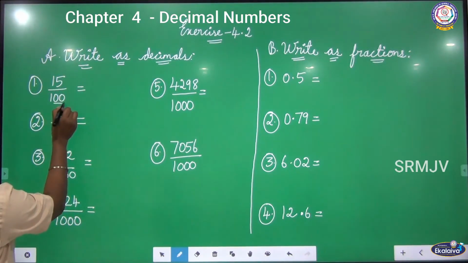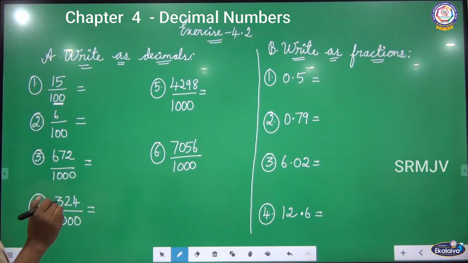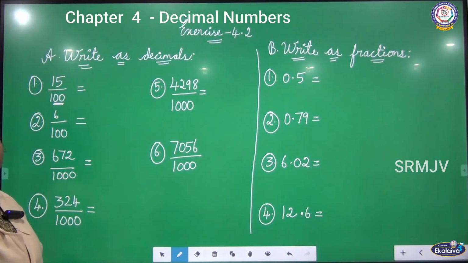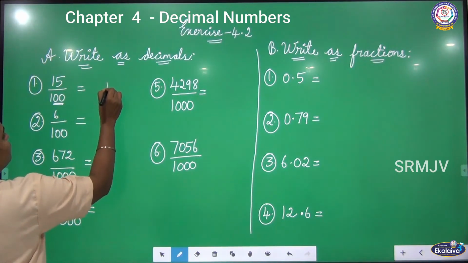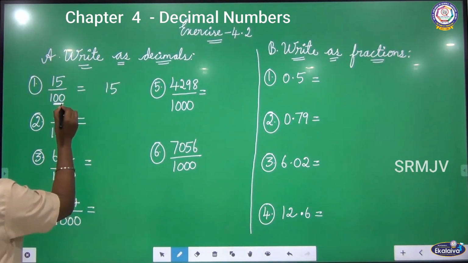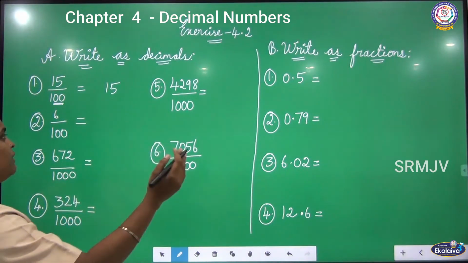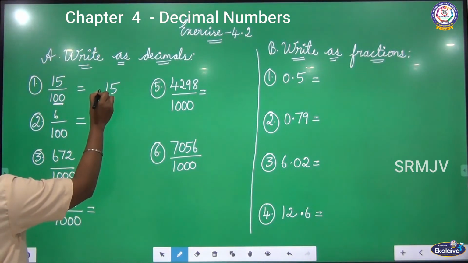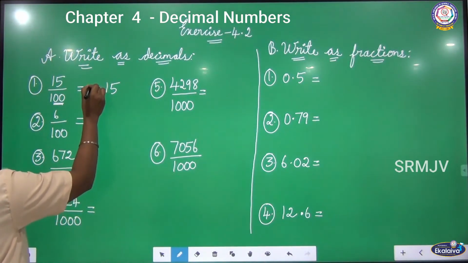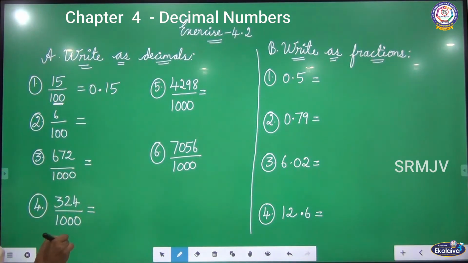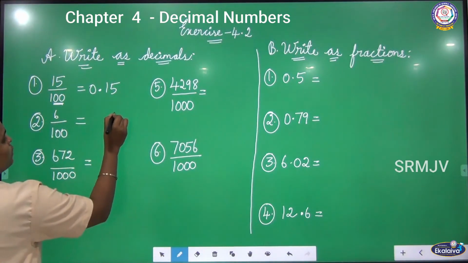Look at the denominator, 100. How many zeros are there in the denominator? 2 zeros. You write 15, then from the back you leave 2 digits, 1, 2, then put the dot, that is decimal. Then after the dot you write 0.15. Next 6. You write 6.